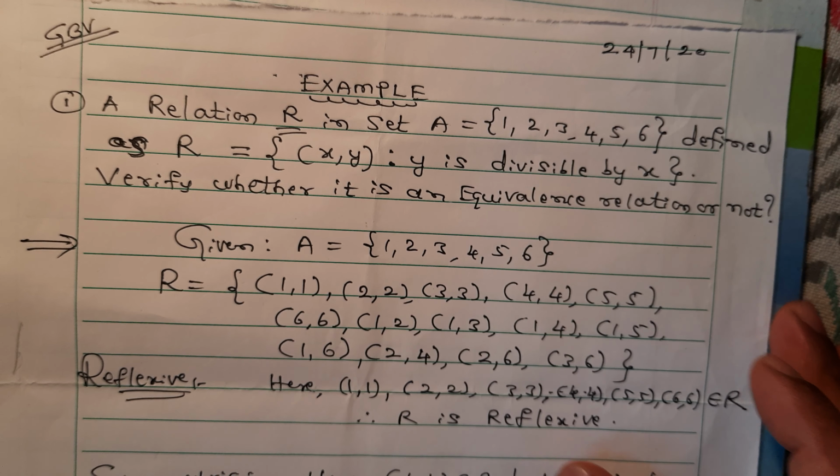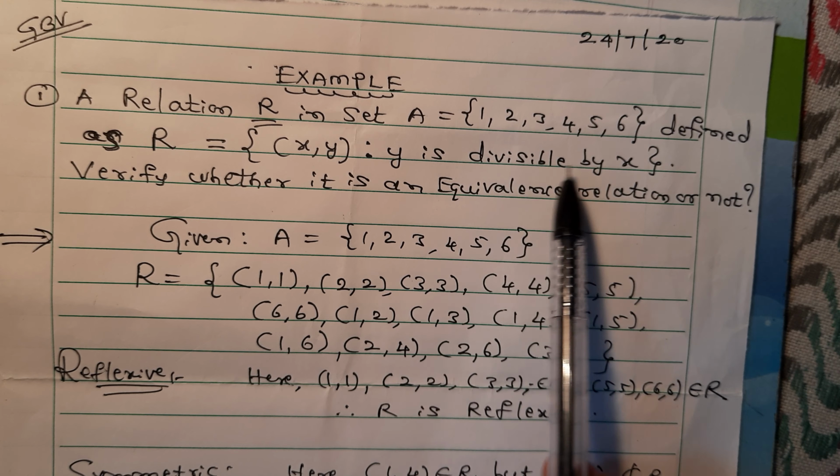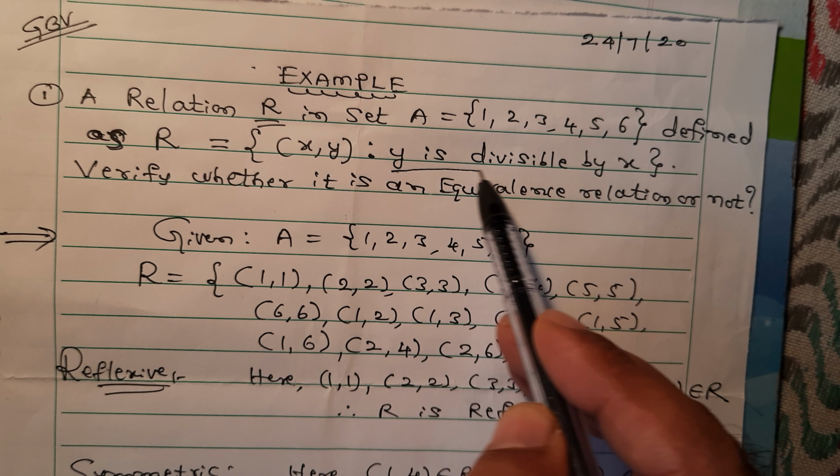Today, we shall take another example for a 3 marks question. So, here let us read the example. A relation R in set A equals {1, 2, 3, 4, 5, 6} defined as R equals {(x, y) such that y is divisible by x}. So, concentrate here.